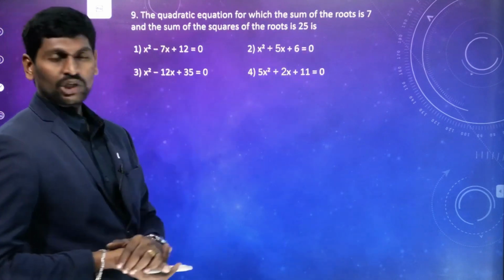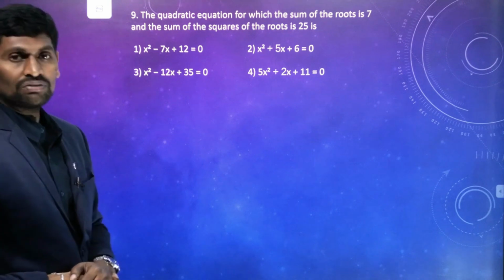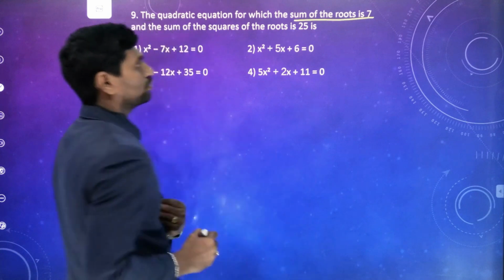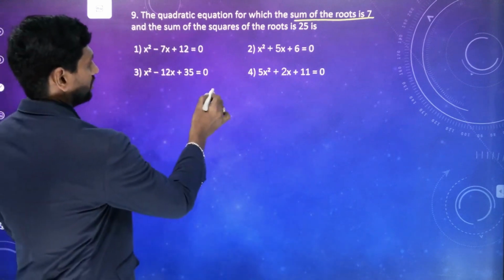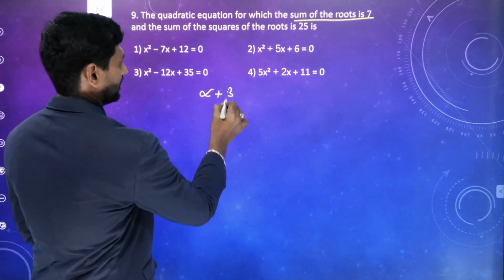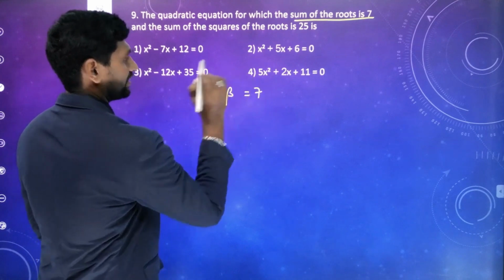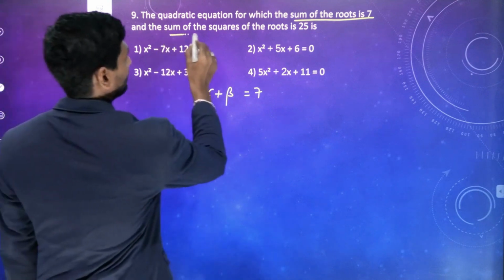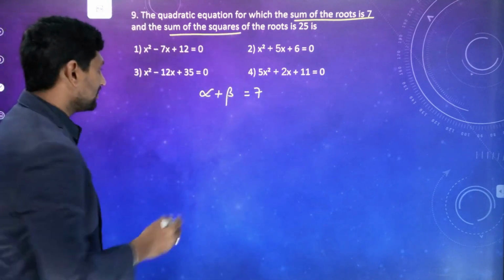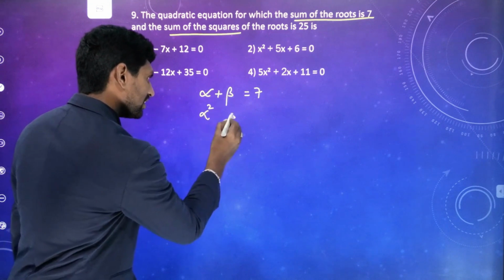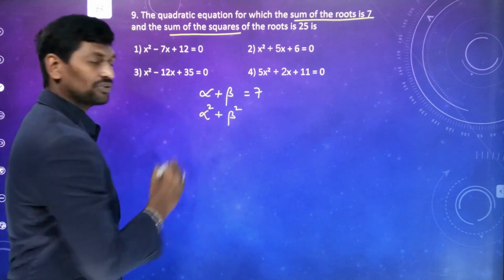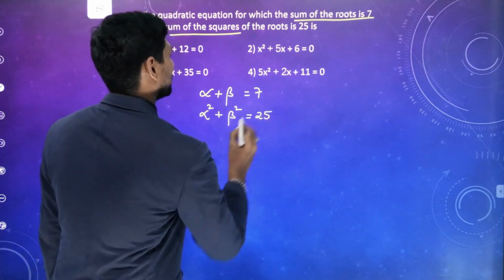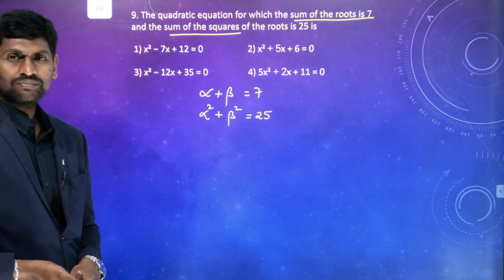The quadratic equation for which the sum of the roots is 7. Sum of the roots is nothing but alpha plus beta, value is 7. Next, sum of the squares. Squares means alpha square, beta square. Sum means plus. Alpha square plus beta square equals 25. Find the quadratic equation.